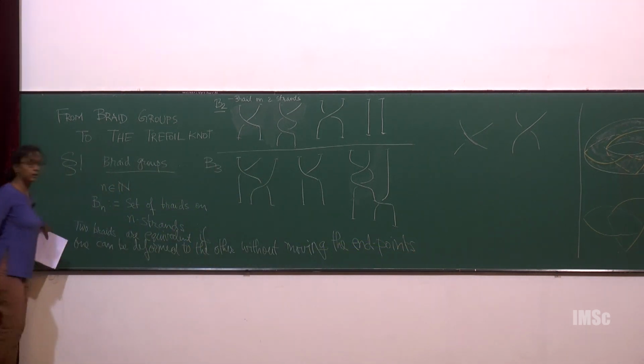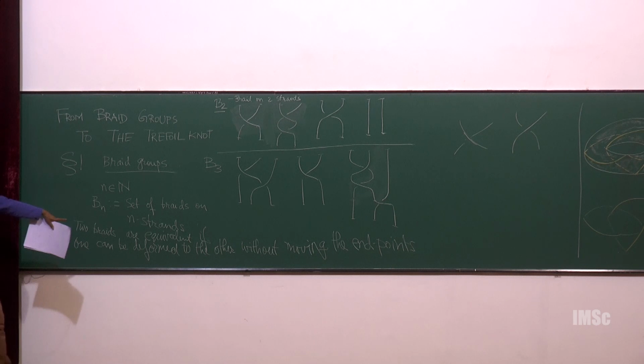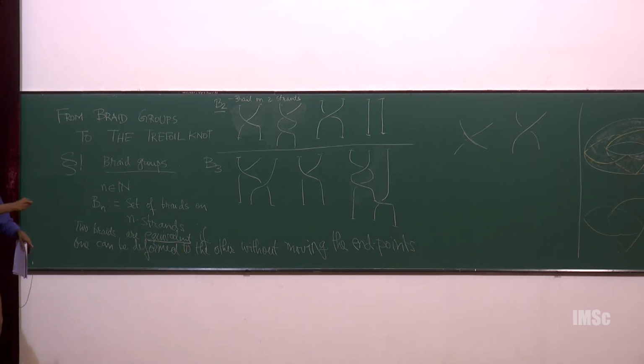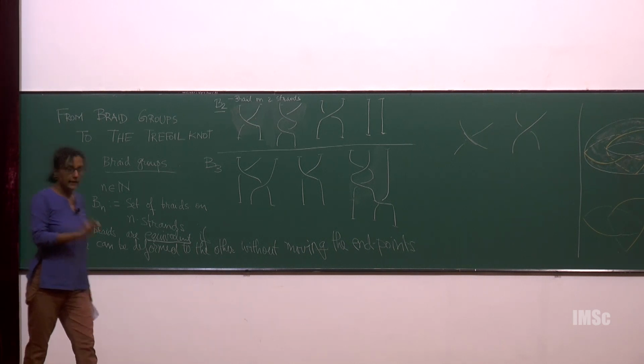You can all read this. So 2 braids are equivalent if one can be deformed into another without moving the endpoints.